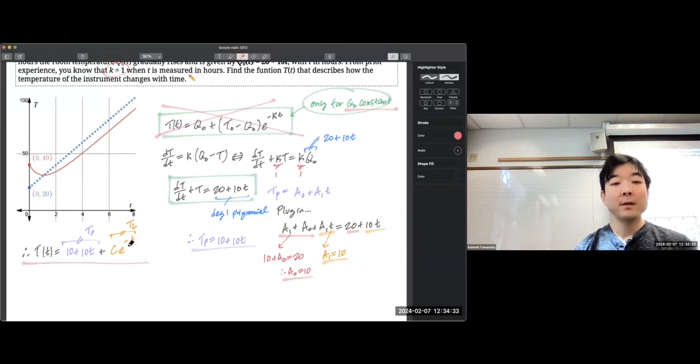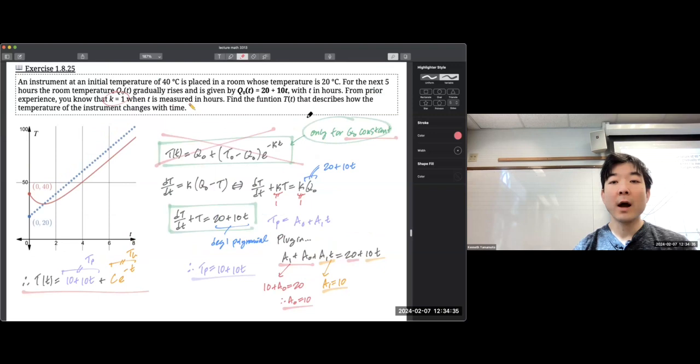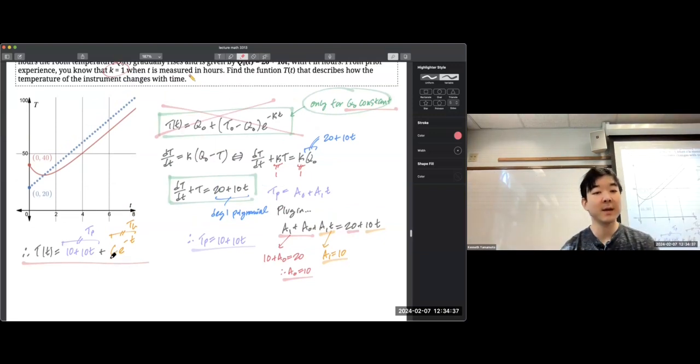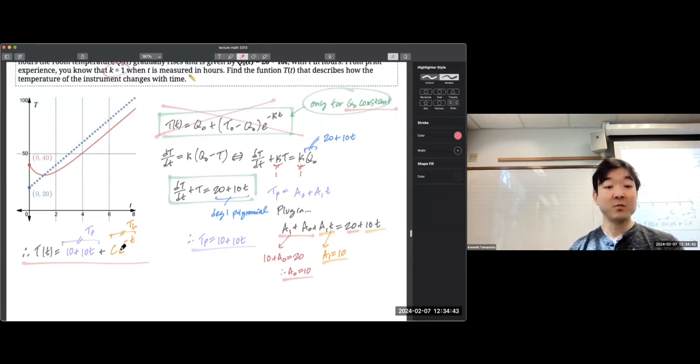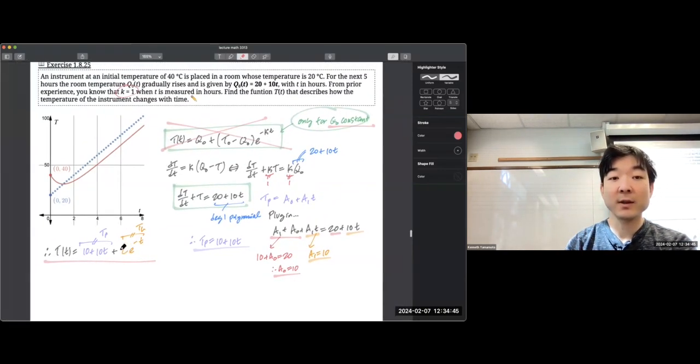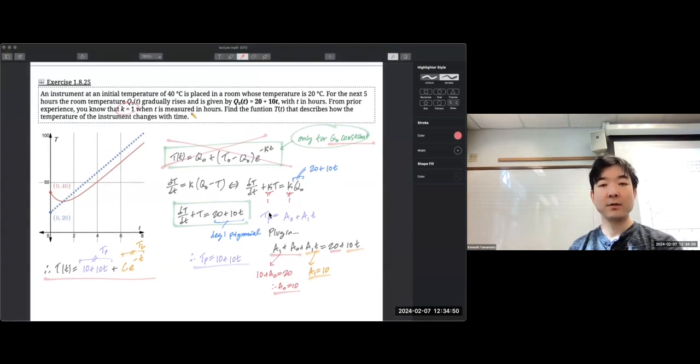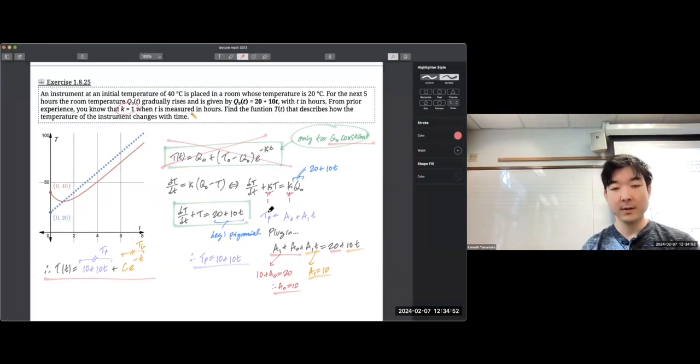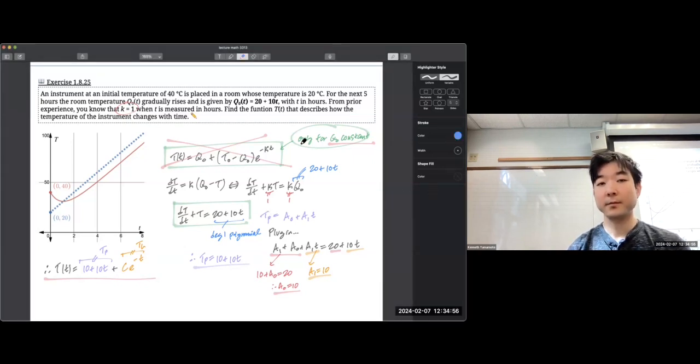But if we want to know the temperature as a function of time and want to graph it, we can't have this C just be C. We need to find what that C is. So it gives us that the initial temperature of the object is 40. So we have an initial condition, which says that our temperature of the object initially is 40.